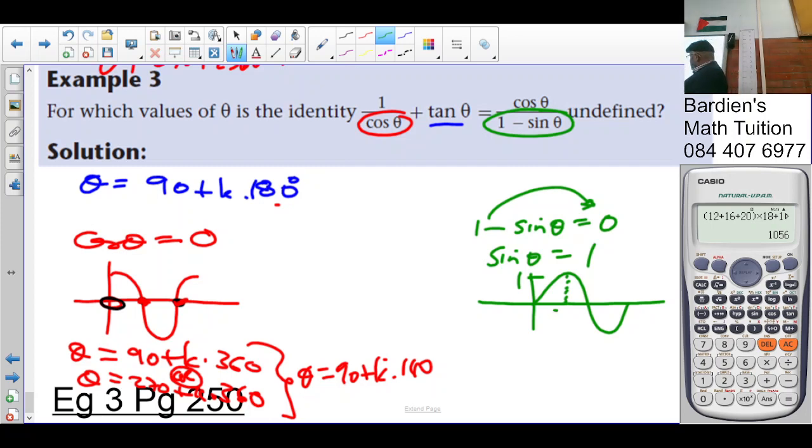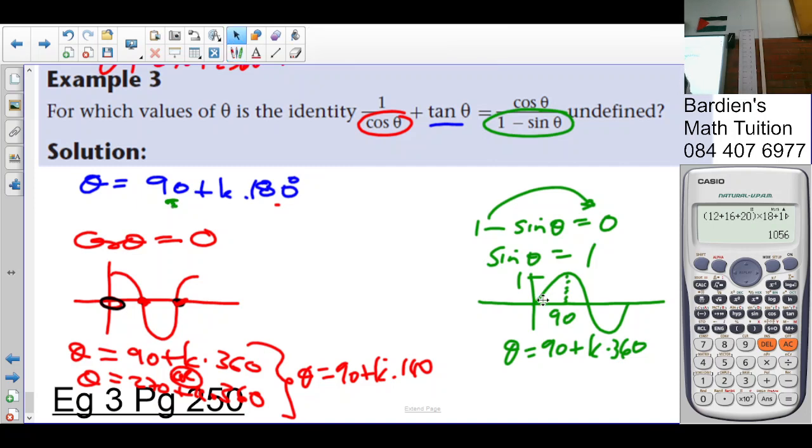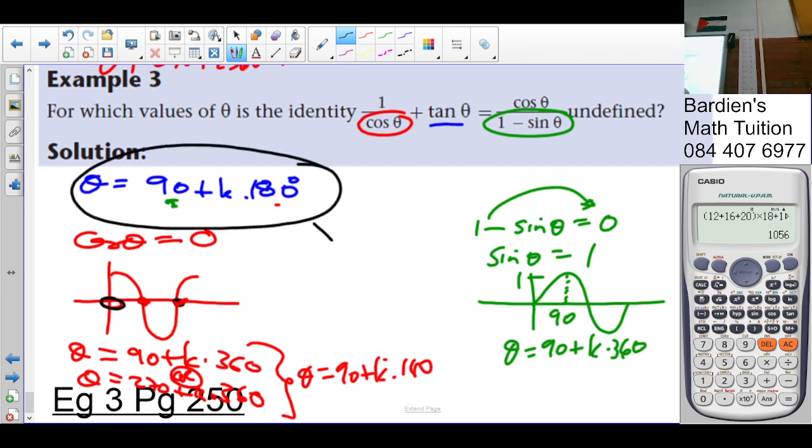At 90. So if I represent this, theta is equal to 90 plus k times 360. But is that not also accounted for in here already? Yes. So all you needed to do was write that one. It would have been enough for the answer.